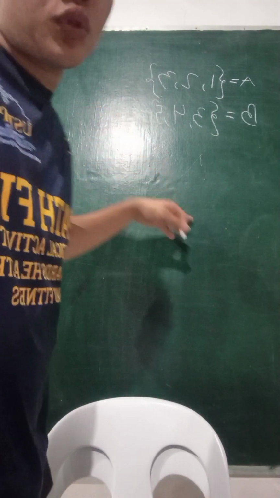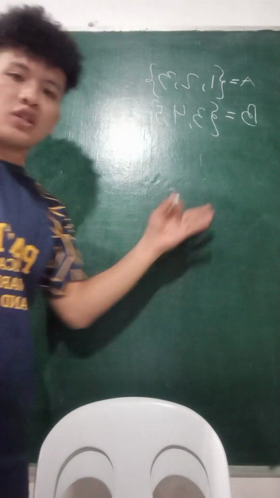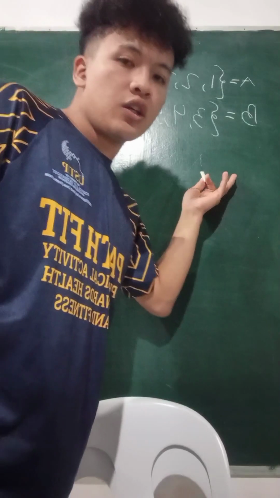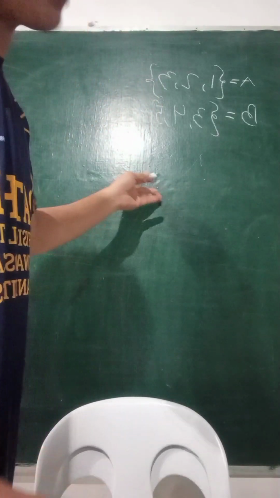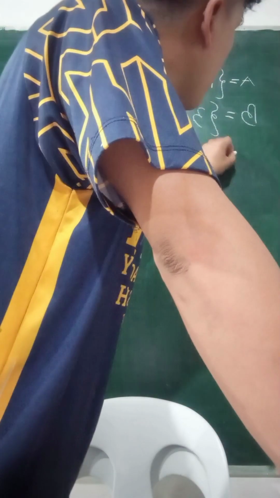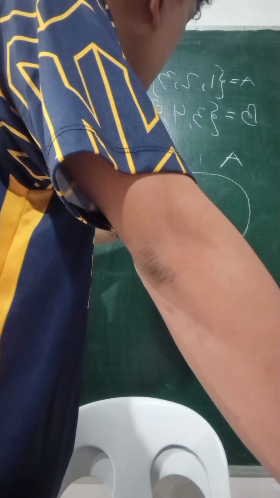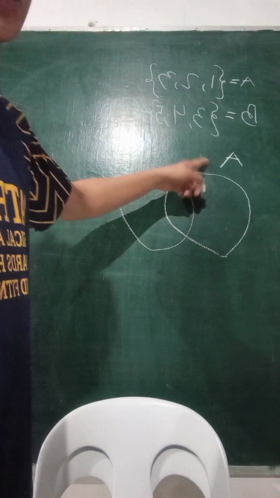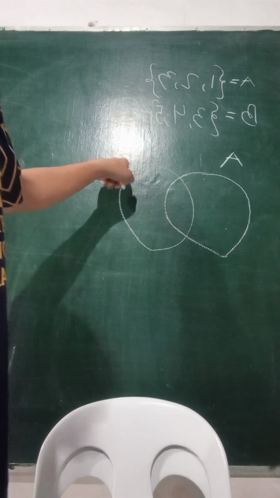When we put this on a Venn diagram, it looks like this. So set A, then another circle here. This is set A, and this is set B.